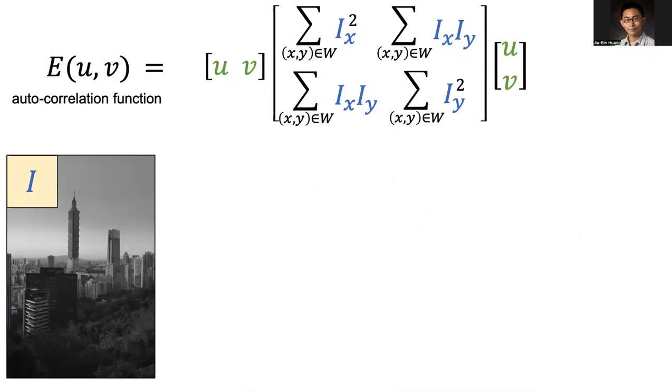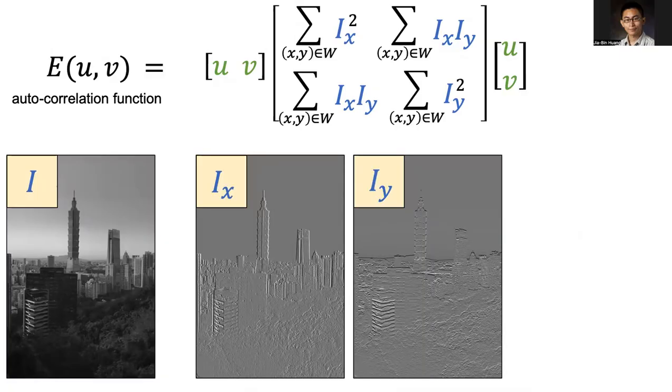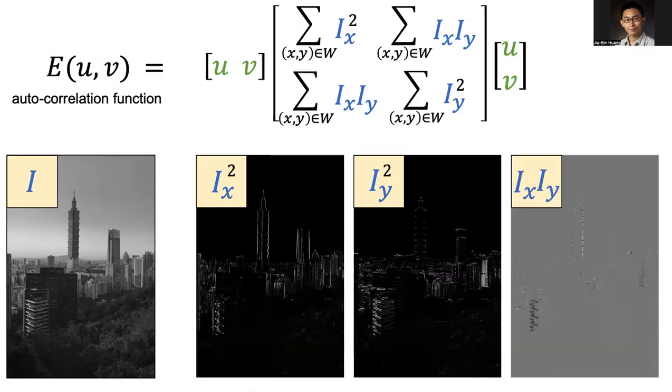So if I take an image, what you will do in the code is compute the x gradient and y gradient, and then compute the products, so that you get the values of that 2x2 matrix. And this 2x2 matrix is for every pixel. Does it make sense?